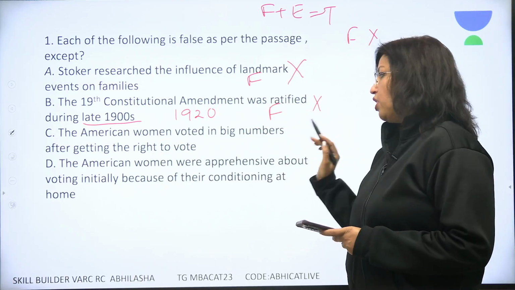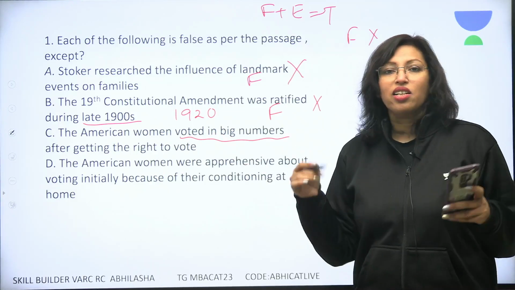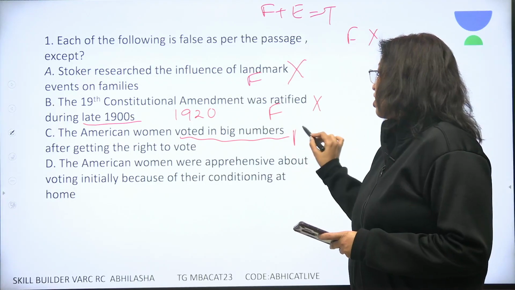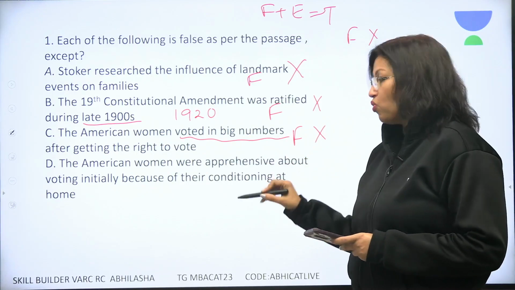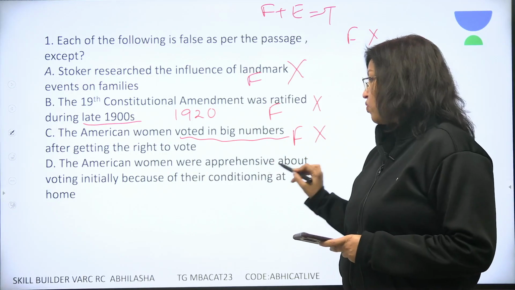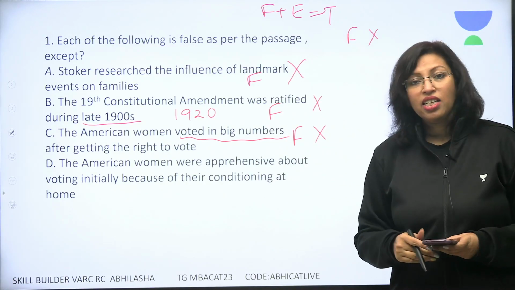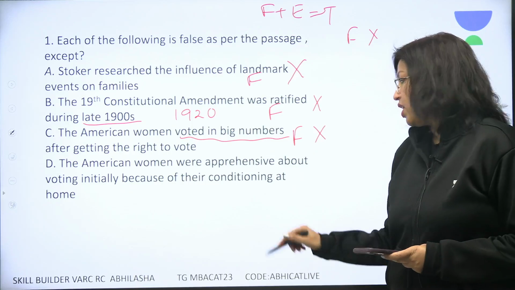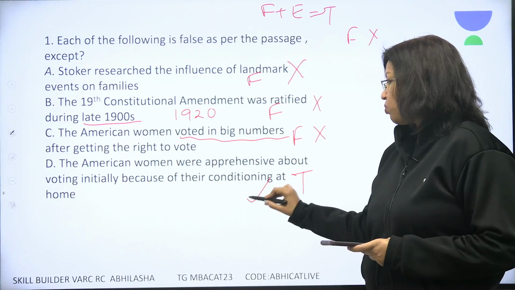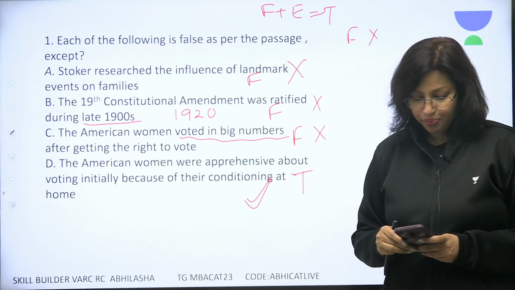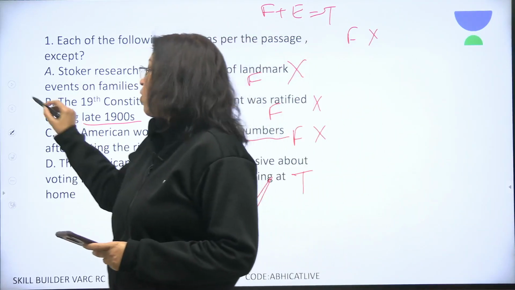American women voted in big numbers after getting the right to vote. No, the first 60 years they hardly voted. So false, eliminate. The American women were apprehensive about voting initially because of their conditioning at home. Yes, at home they were being conditioned that it is incorrect to vote, right? It is wrong. And so therefore this is true and that's why this is going to be the correct answer. Okay, I hope you understood this. This is how we solve this question.